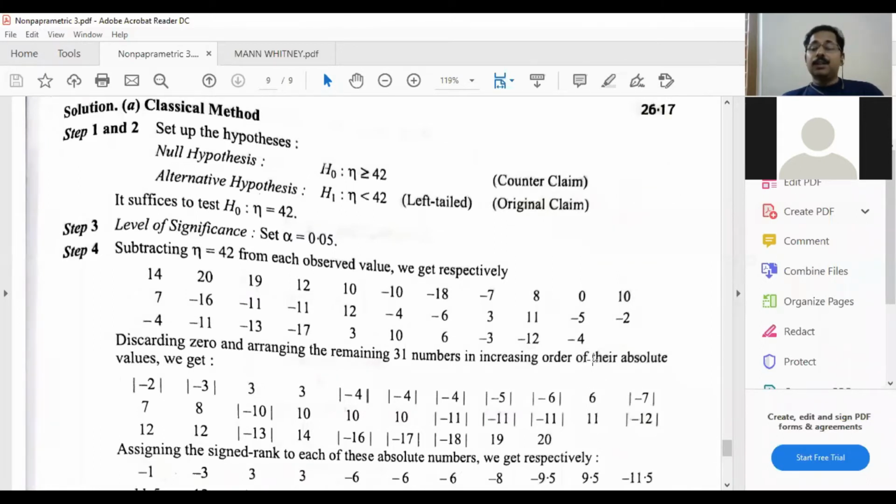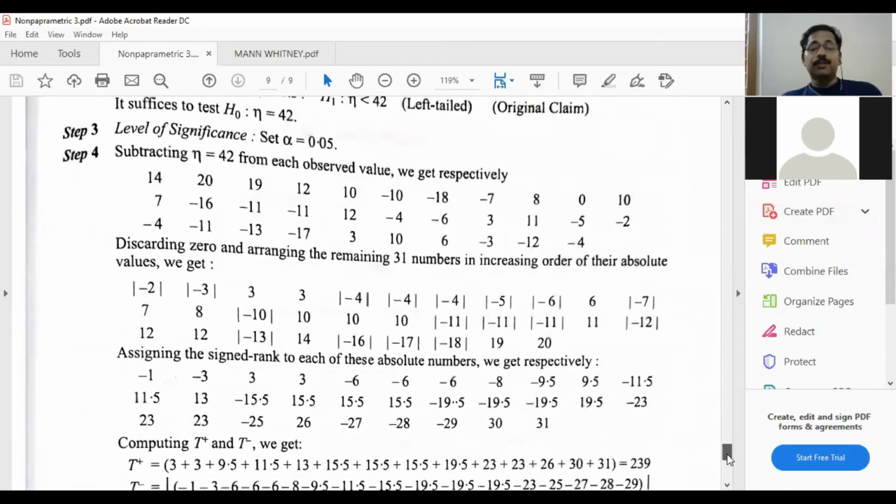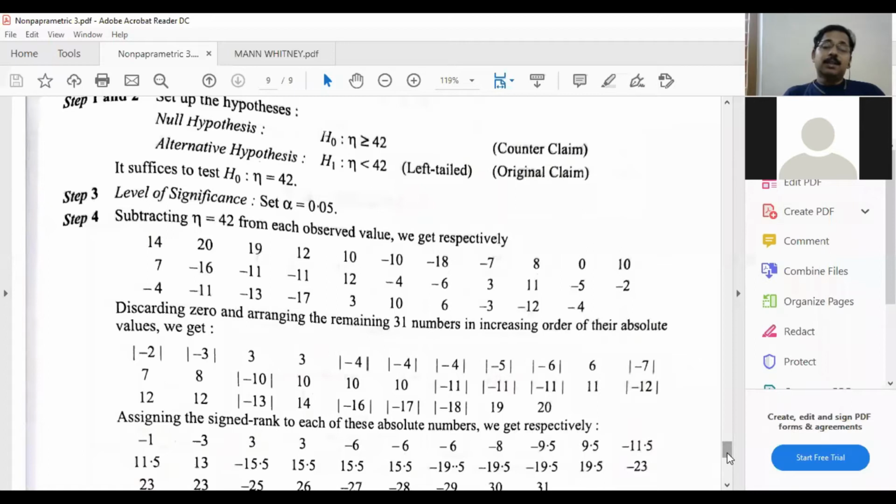In that way, you subtract 42 from all the observations. In this problem you have 32 observations, so you will get 32 difference values. Looking at these values, you can see that some are positive, some are negative, and some zeros are there.